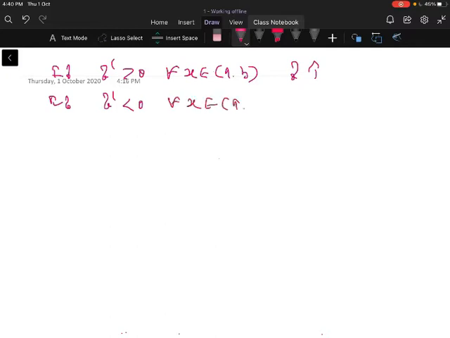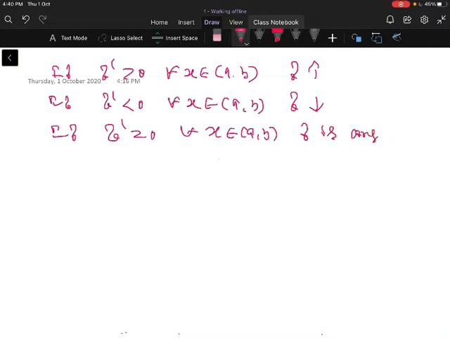If f dash is negative for all x belonging to the open interval (a, b), then f is decreasing. If f dash is 0 for all x belonging to (a, b), then f is a constant function.